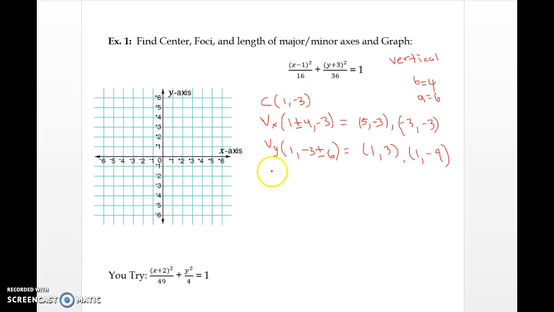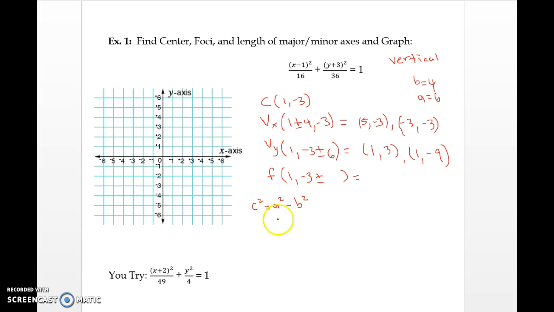We also need to find the foci. Because my bigger number is under my Y, I'm going to add my C to the Y part to find the foci. So I'm going to say 1, my Y part is -3 plus or minus whatever my C value is. But I have to find C. C squared equals A squared minus B squared.